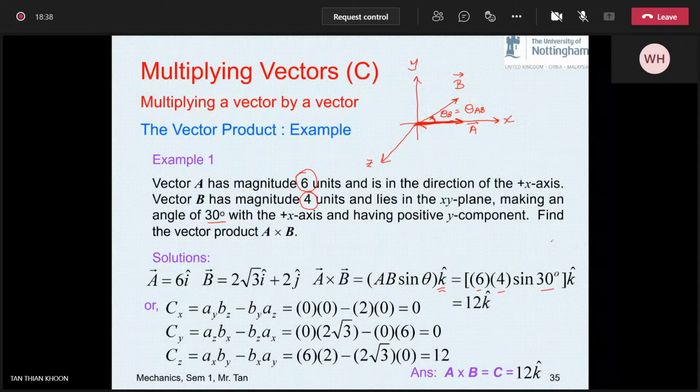Again, if you want to use these equations, you have to derive them out as what we did just now.